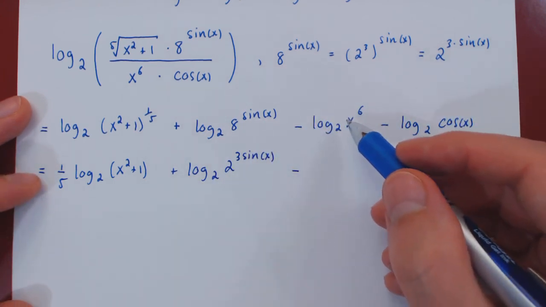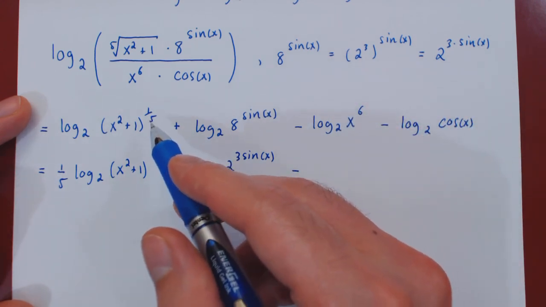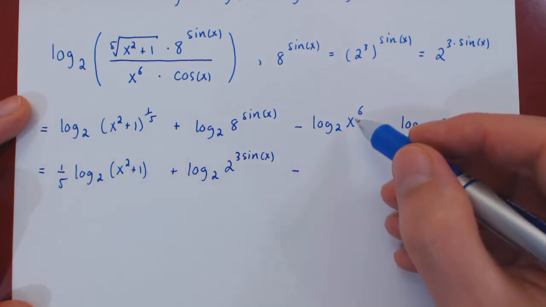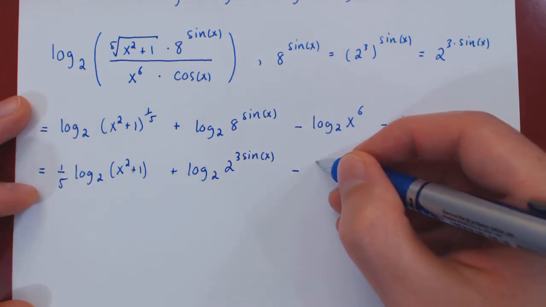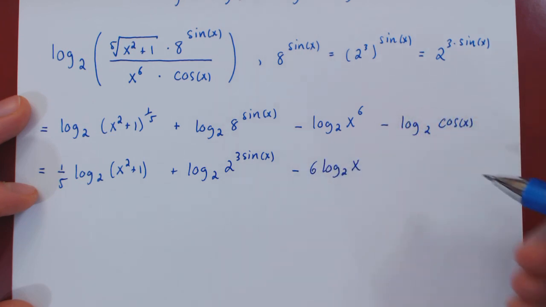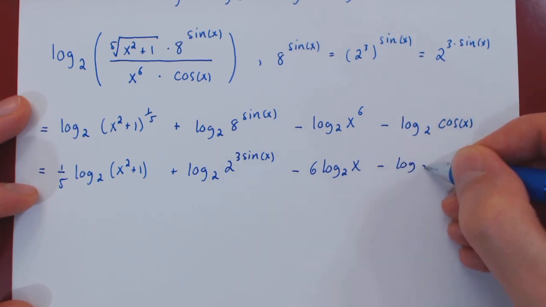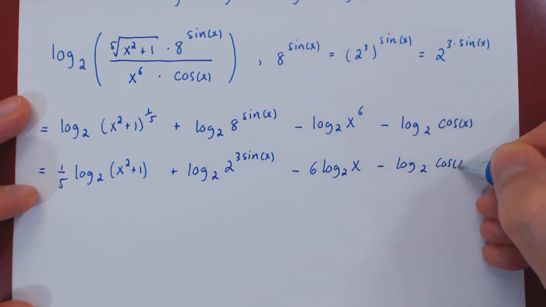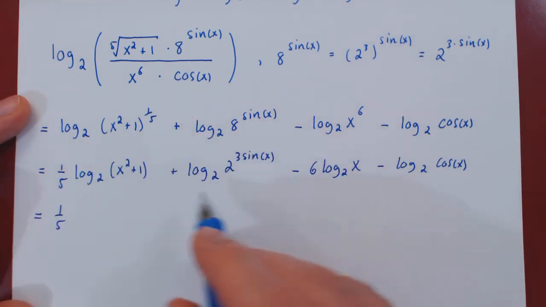Minus. We can take advantage here of the same property that we took advantage of in the first case. X to the 6, we can move the 6 up front as a multiple. And here this is as simple as it gets, minus the log base 2 of cos of x. And so our final simplification is on the second logarithm.